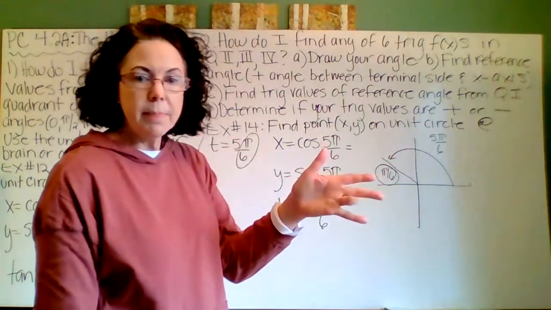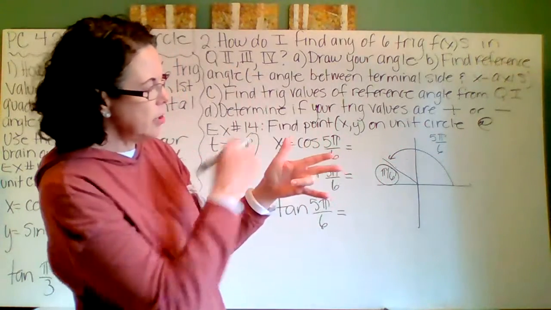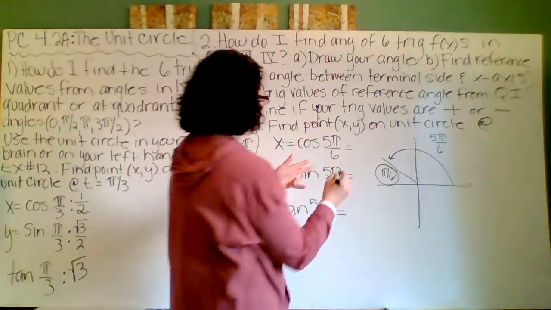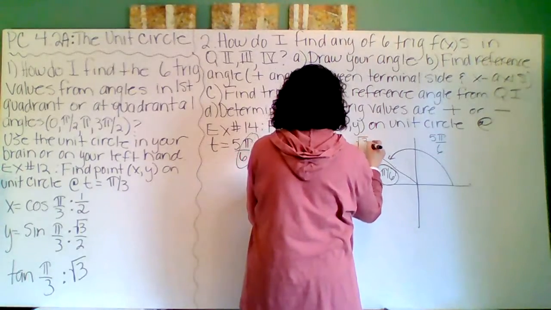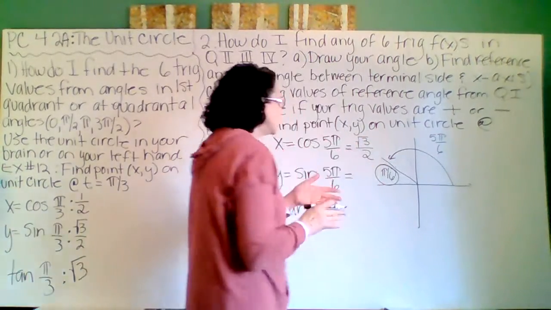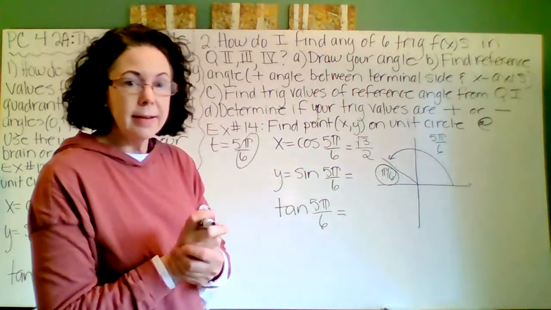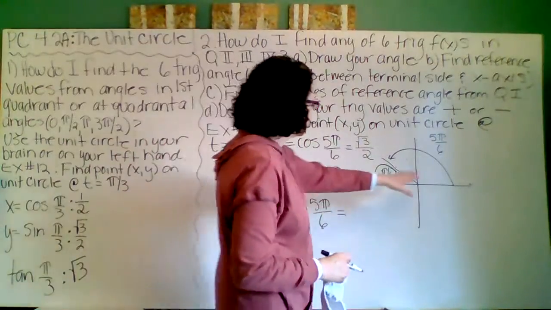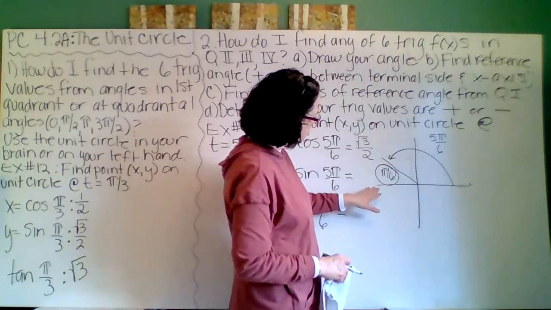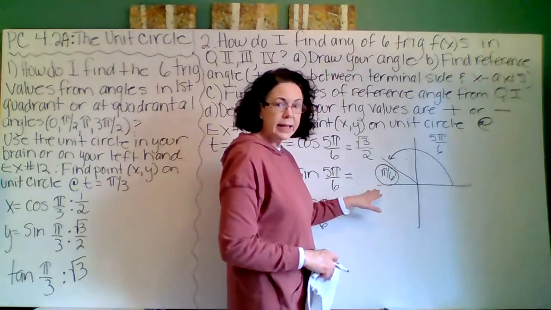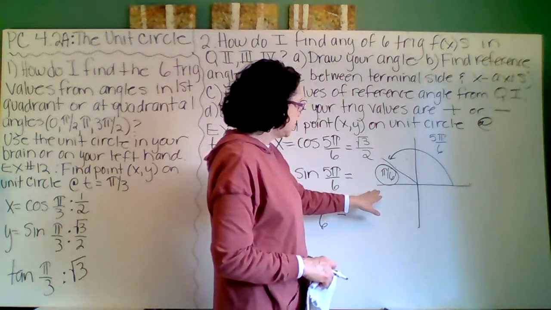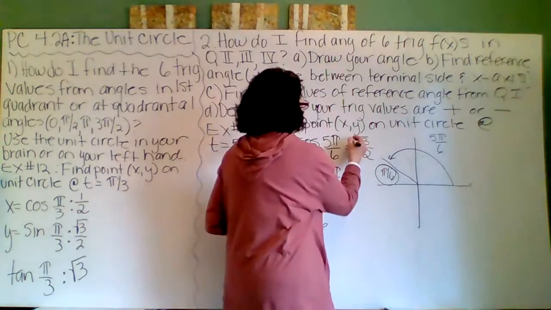I'm going to put my pi over 6 finger in, right? Cosine is the square root of 3 over 2. Okay. And then I say, but what quadrant am I in? I am actually in the second quadrant. Notice cosine would be negative in the second quadrant because the x's are negative there.